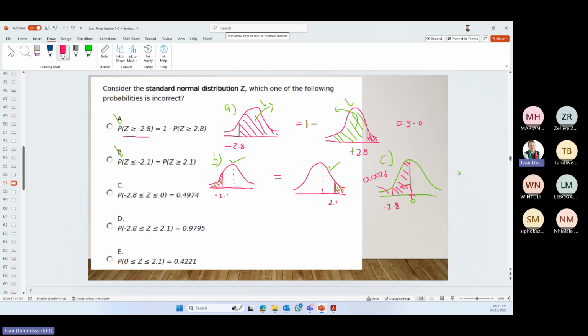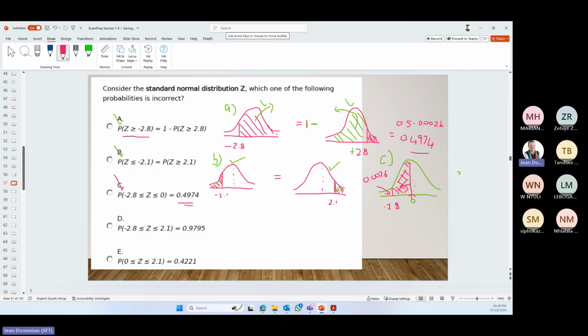So if we say 0.5 minus 0.0026, which is that small area, we will get the area that we're looking for. So that will be 0.4974, which is the answer that we're looking for.